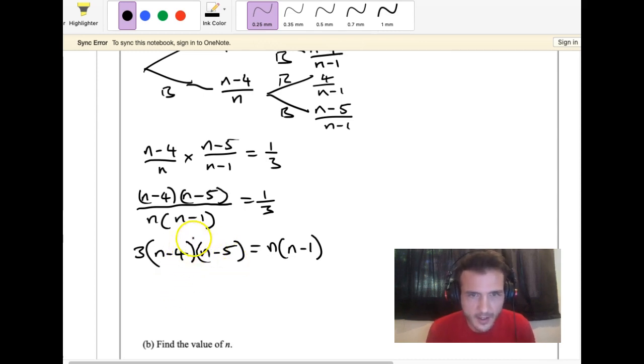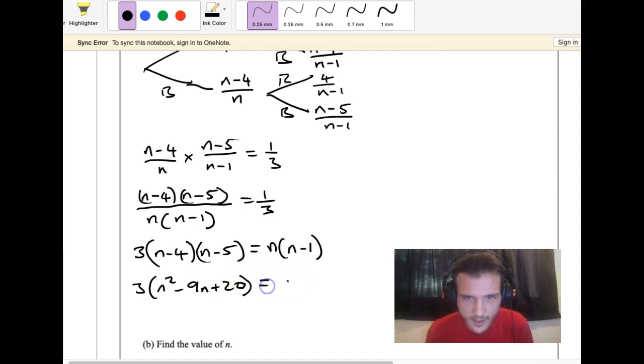Let's expand these brackets. We will have 3 times n times n, or n squared; n times minus 5 plus n times minus 4 gives us minus 9n; and minus 4 times minus 5, two negatives make a positive, so positive 20.